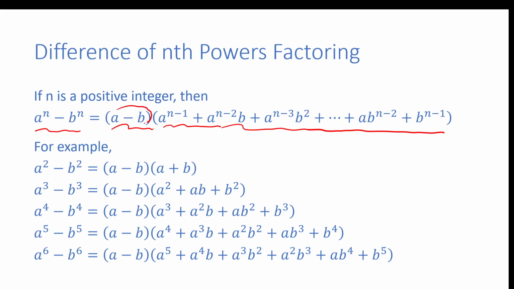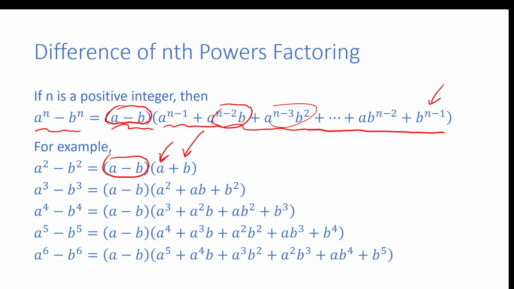The first factor will be a minus b. The second factor, n is 2, so the second factor will be a to the 2 minus 1, which is a, and then down on the end, b to the 2 minus 1, which is b. All of these other terms are unnecessary because n is only equal to 2.